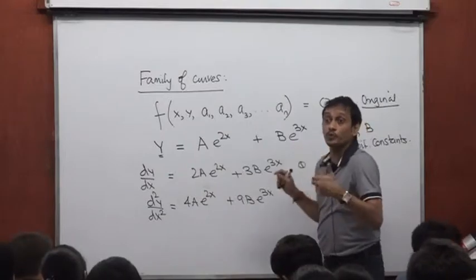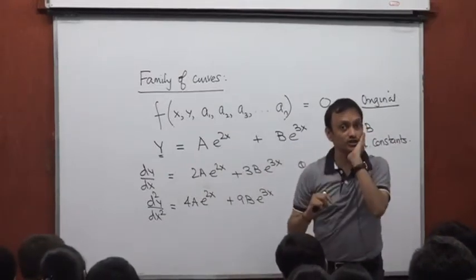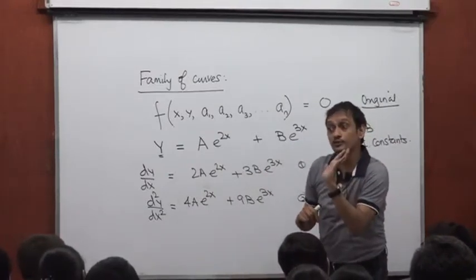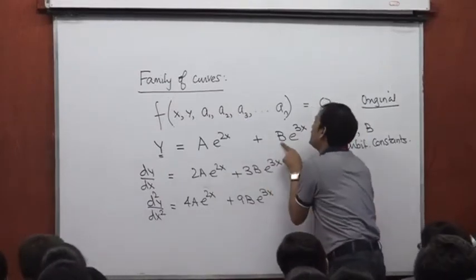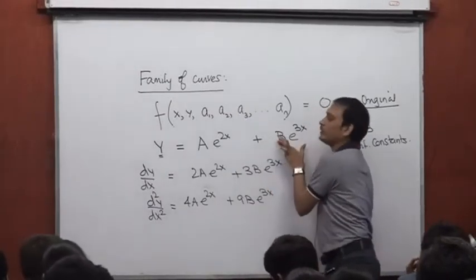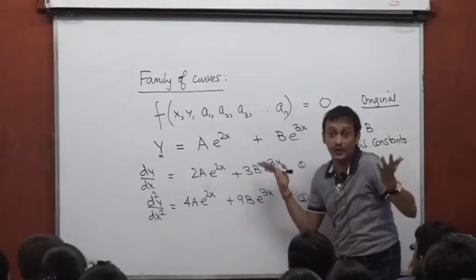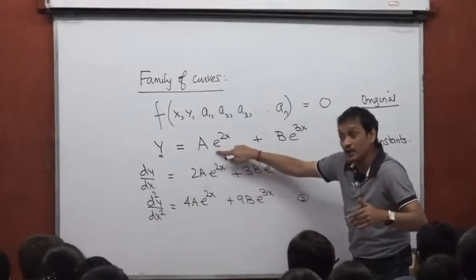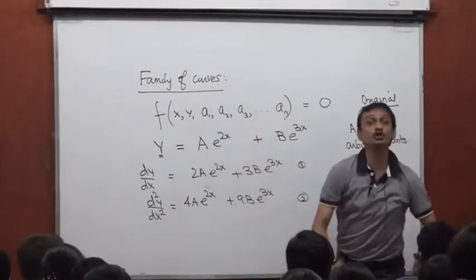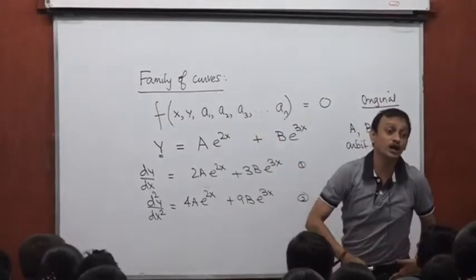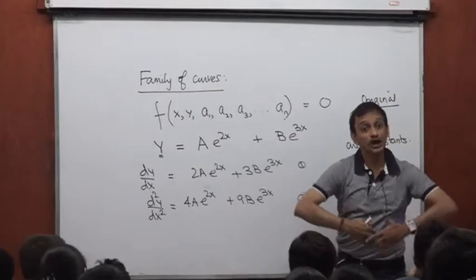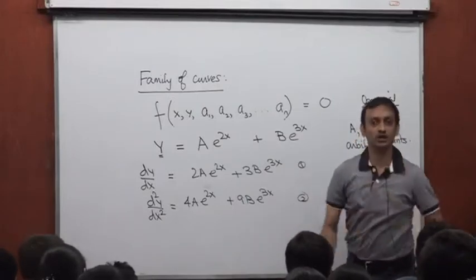Now there could be a particular solution to that differential equation. A particular solution would mean when, let's say, I assign a certain value to b. Let's say I put b equal to 0. Then a e power 2x will satisfy that differential equation. So y equal to a e power 2x is also a solution to that differential equation, but it's not a complete solution. It's a particular solution.